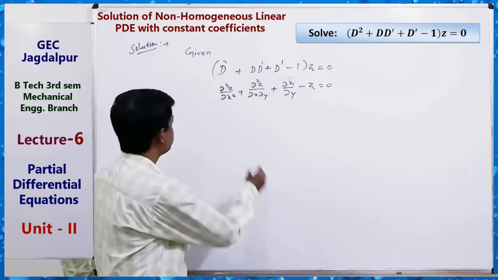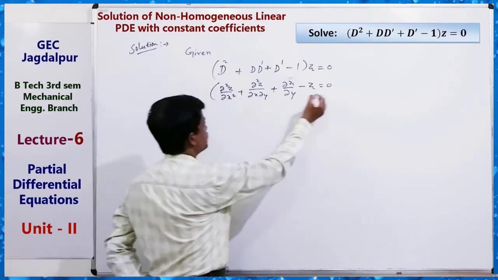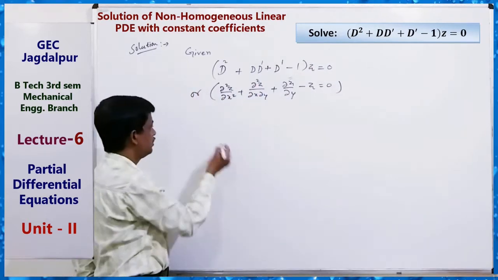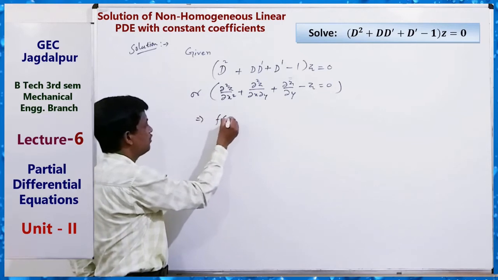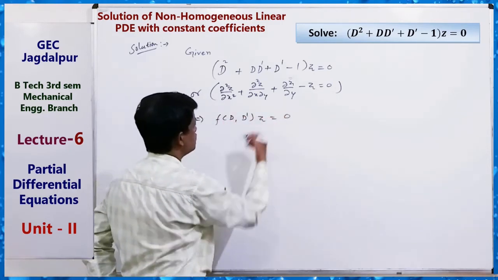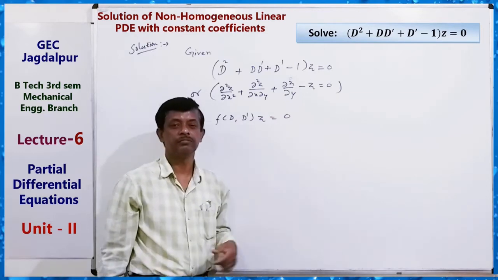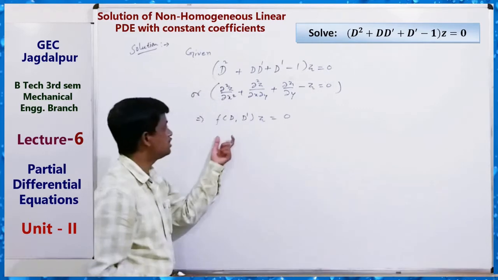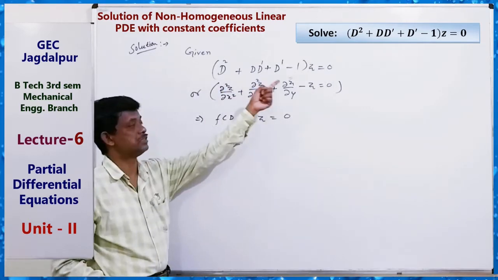So here this or this may be given. Here implies f(D, D')z = 0. We have to find this solution, meaning the CF. So for finding the CF, we have to factorize this.